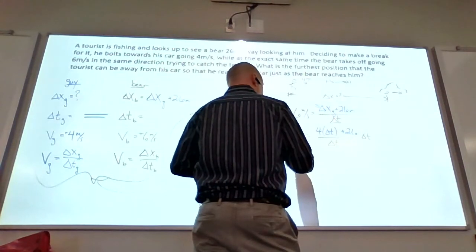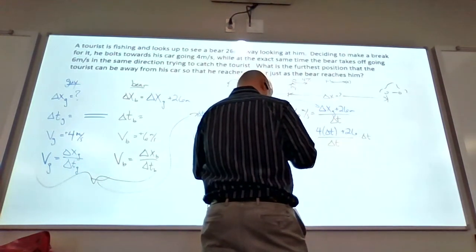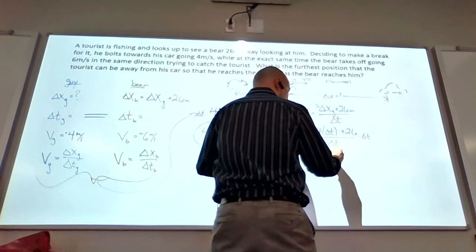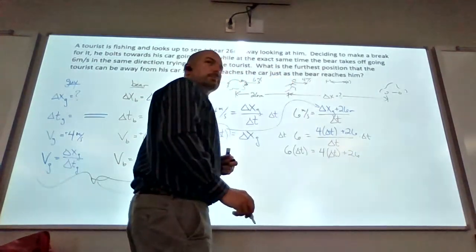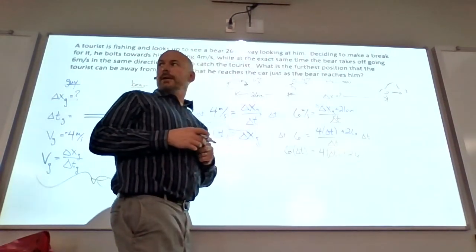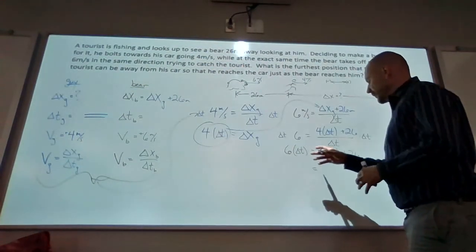So I have 6 times delta t is equal to 4 delta t plus 26. Bring everybody with delta t over here, just like if it was x.